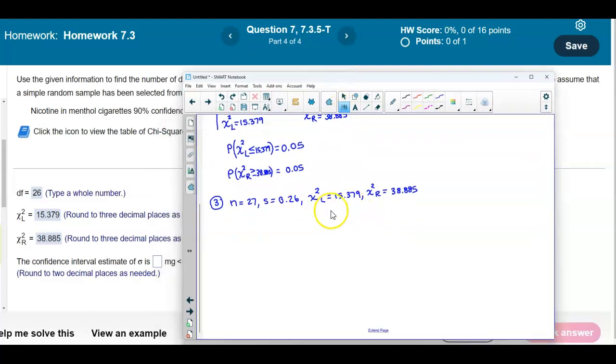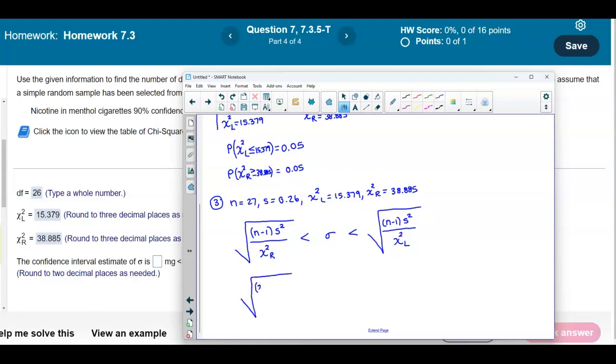The reason why we need this information is because we're going to use the formula for the confidence interval. So the formula for the confidence interval is, the lower limit is the square root of n minus 1 times the sample standard deviation squared over the critical value of chi-square on the right, and then the upper limit is going to be n minus 1 times the sample standard deviation squared over the chi-square value on the left. So let's go ahead and put this information into our formula.